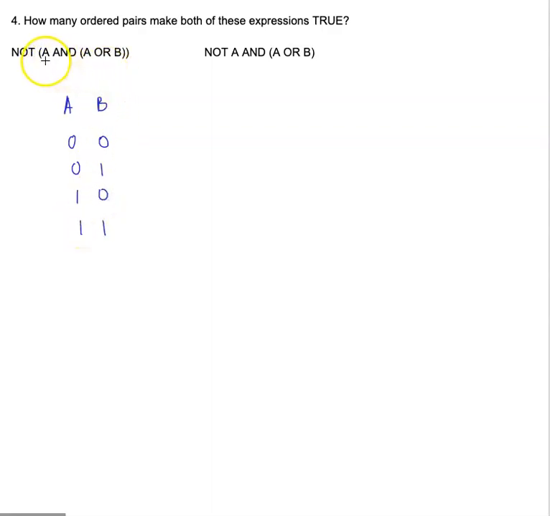So let's first consider the left expression here. By plugging in this first test case, false and false, in other words, two zeros for the A and B, this expression can be rewritten as this.